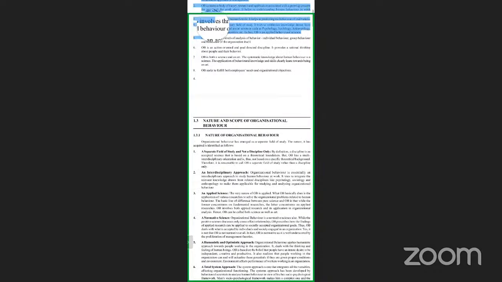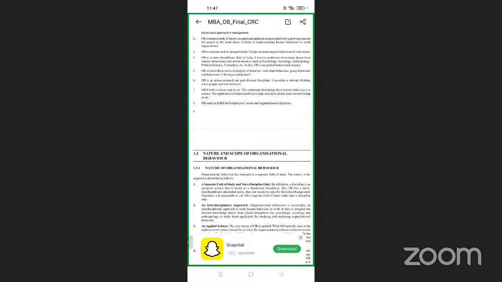Next, the characteristic is about understanding human beings, which is considered as a tool. Organizational behavior is a tool which helps to understand human behavior for the benefit of individuals, wherein a prediction can be made about how a person can behave in a given situation.